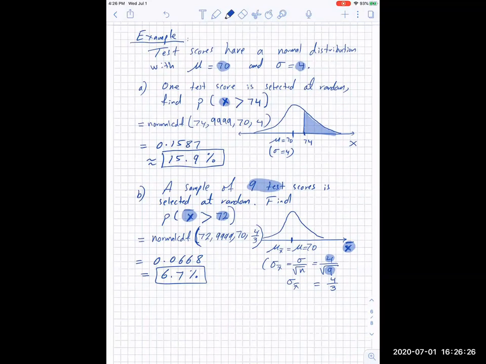What is the probability that that test score is greater than 74? That's the answer. So when we talk about single values, we use the distribution of X. And when we talk about probability of samples, then we use the sampling distribution of sample mean. Okay.